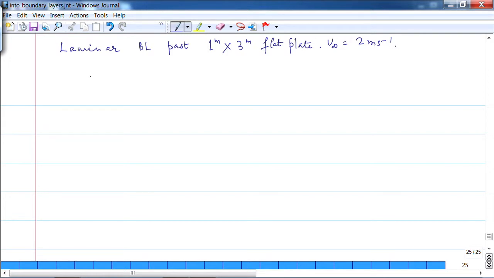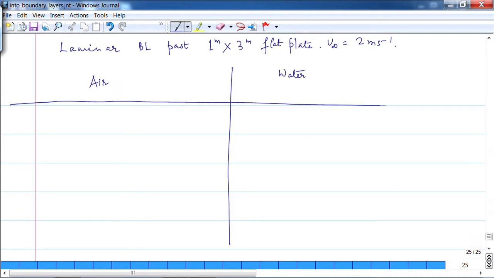In one case the fluid is air, and in the other case the fluid is water. Let's first say the total drag, so first the CD.